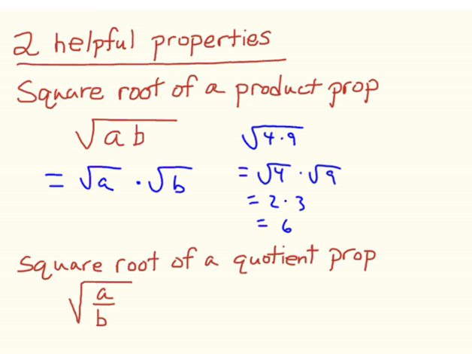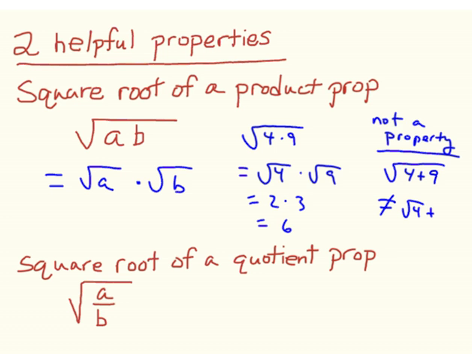There is no square root of a sum property or square root of a difference property. You can't do that. If I said the square root of 4 plus 9, this does not equal the square root of 4 plus the square root of 9.